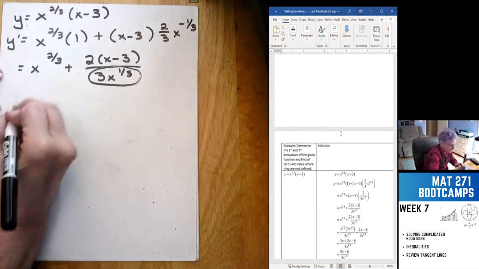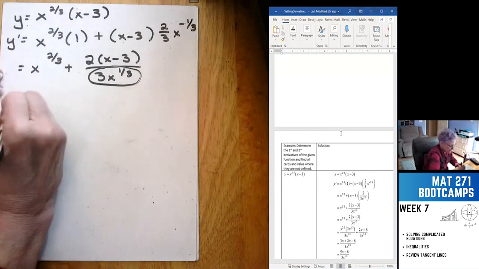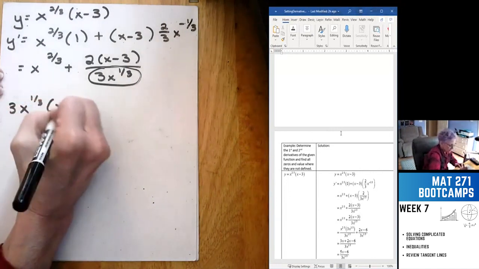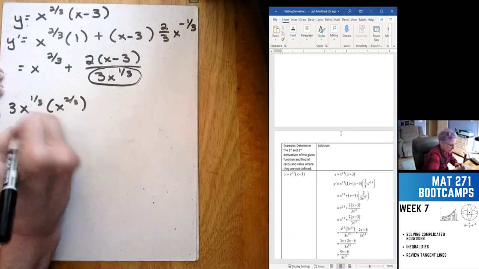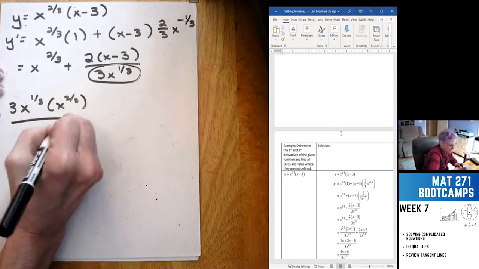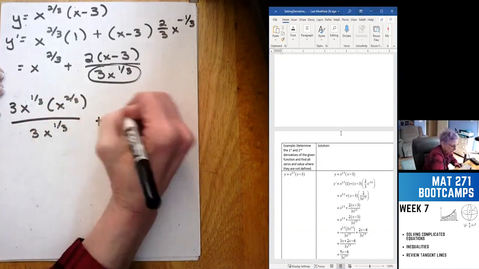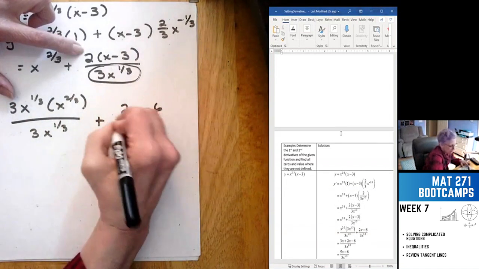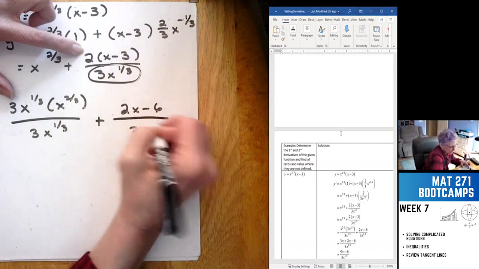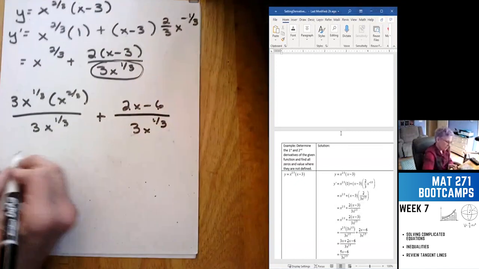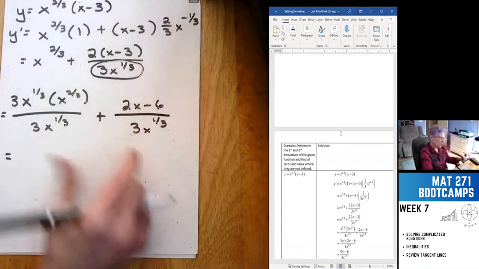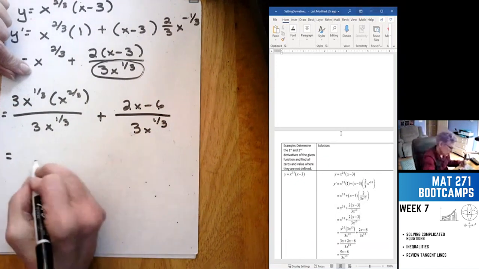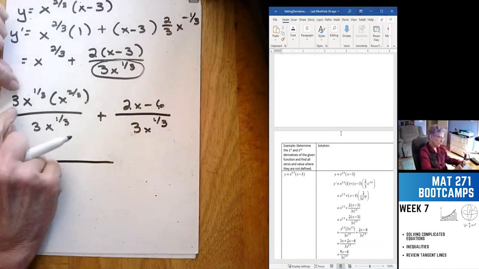So I need to multiply 3x to the 1/3 times x to the 2/3, 3x to the 1/3 plus, I think I'll go ahead and distribute that while I'm at it. Now I have a common denominator. I just have to combine numerators.